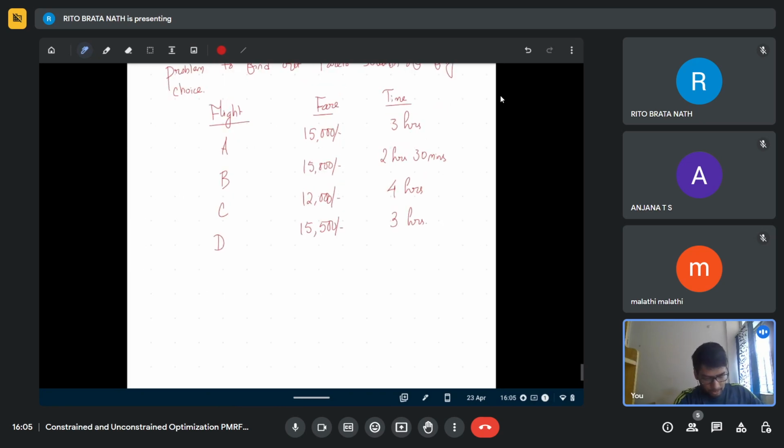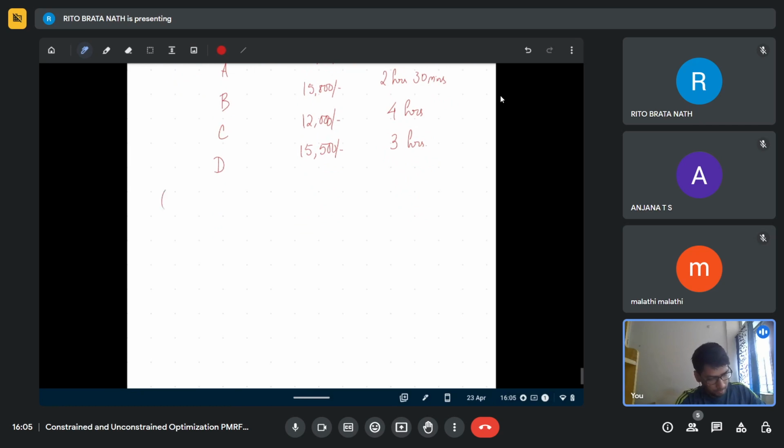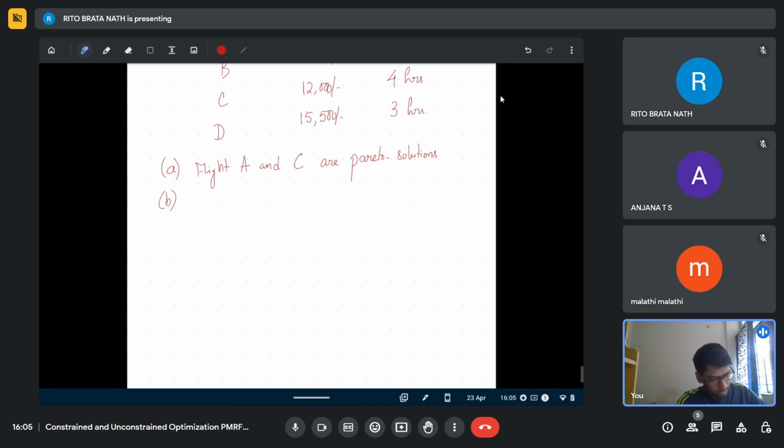Okay, so let me write down the options for the Pareto solution. So first one says flight A and C are Pareto solutions. Option B is flight A and D are Pareto solutions.